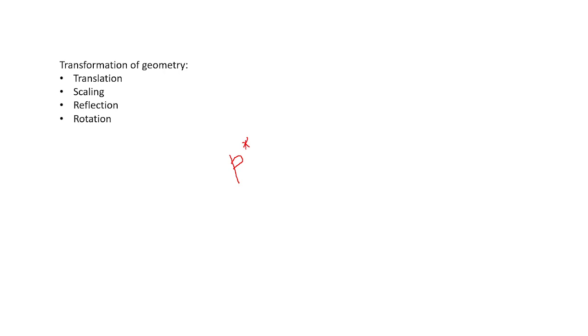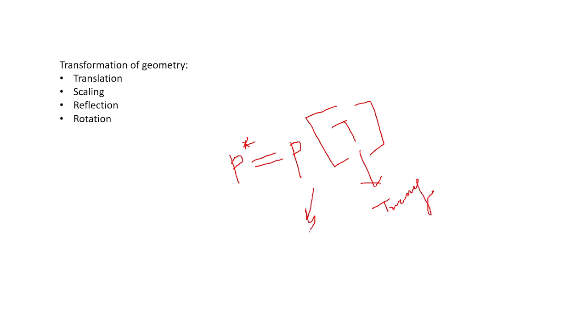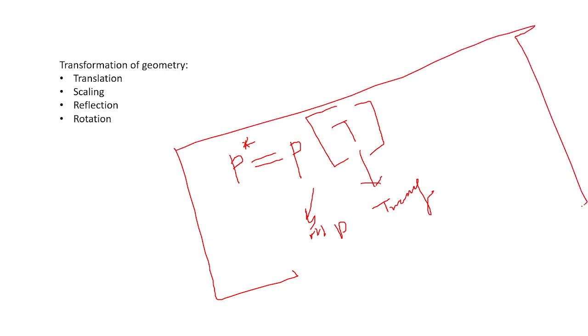P star is the new point. If we denote P as the old point, then T is the transformation matrix. So this is the transformation matrix, and this is the old point, and this is the new point. So it's denoted like that only.